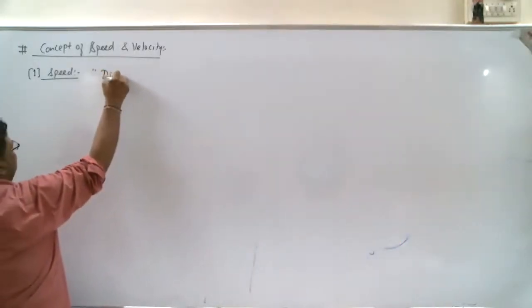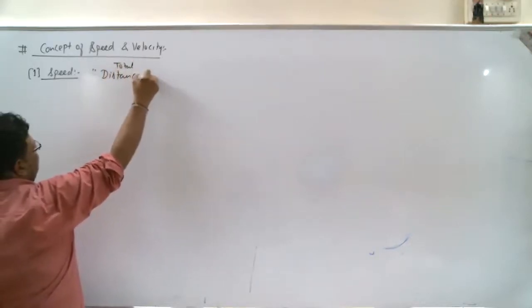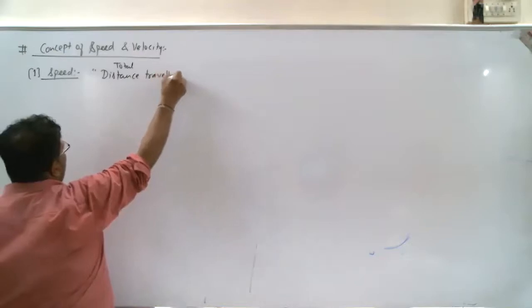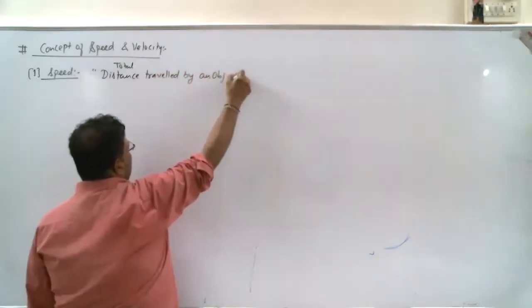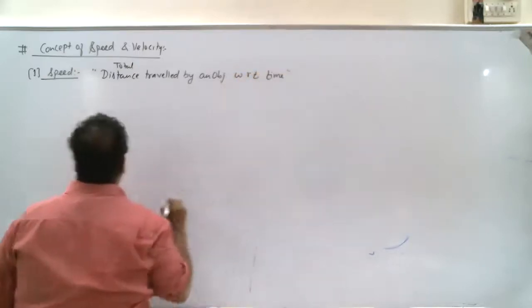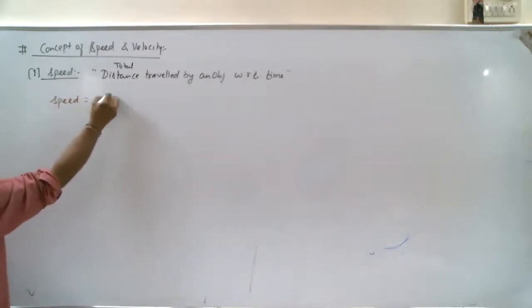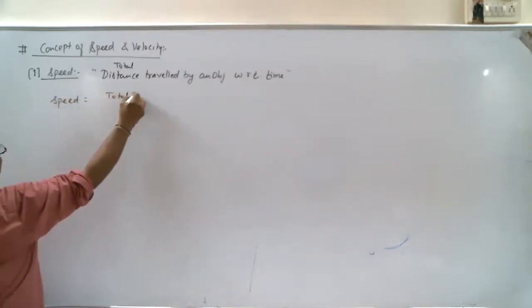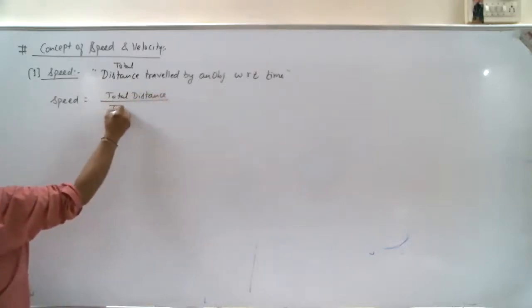The total distance traveled by an object with respect to time is called speed of an object, and mathematically we write it as the ratio of total distance traveled to the total time taken.